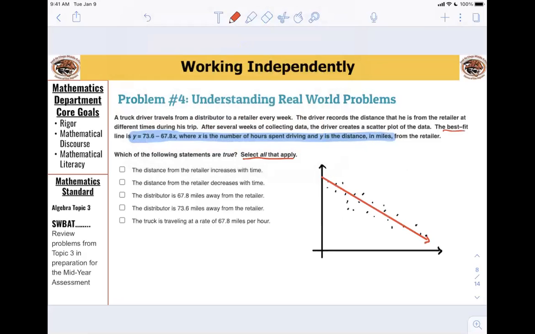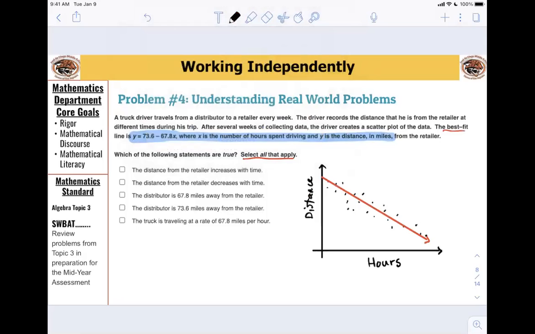But at the end of the day, when you make a best fit line, you can write an equation for it, and that's what he did in this scenario. So we have an equation where x is the number of hours and y is distance in miles.